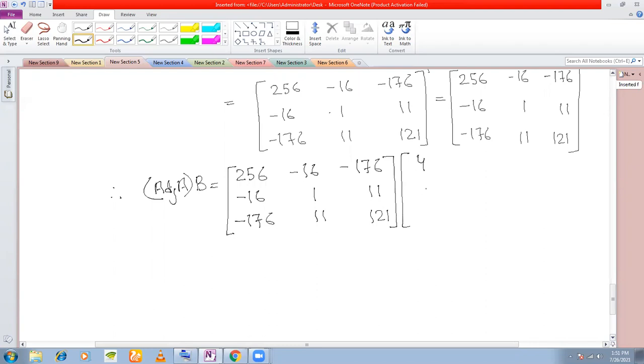Matrix B above, we can multiply these two matrices.